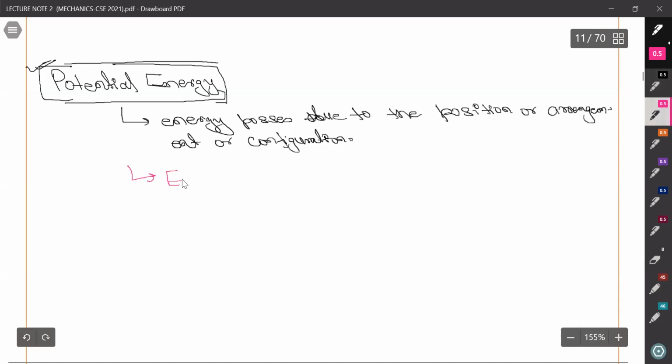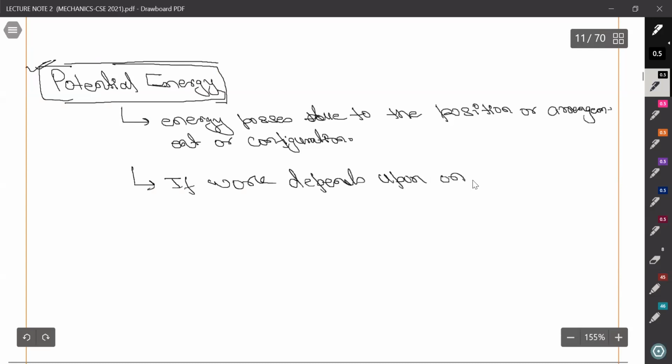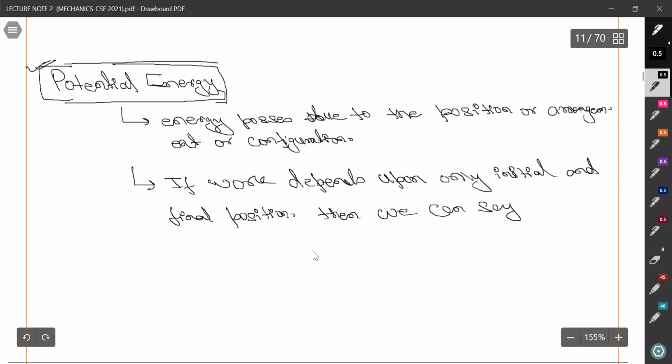If energy, or better to say, if work depends upon only initial and final position, because for a work we have to define two positions, and what we know is energy is due to the position only, then we can say that dW is minus dU. dW is what?